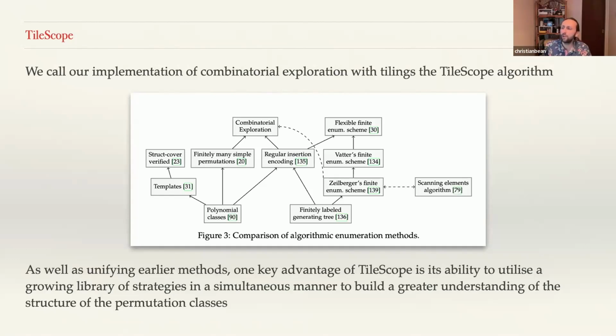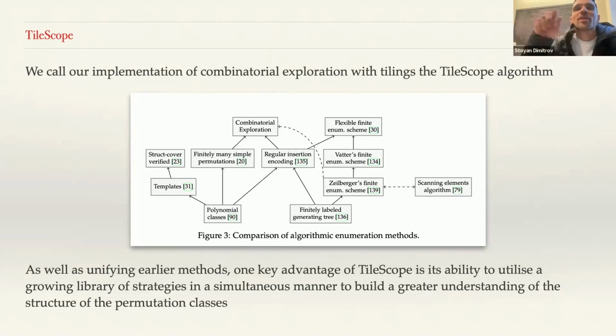And with a little bit more work, you can even have that solid line coming out of the flexible finite enumeration schemes as well, because that is really just a very clever use of the finite enumeration schemes with some clever use of requirements, essentially, where you're saying that in certain areas you must contain certain things. So it's very clever.